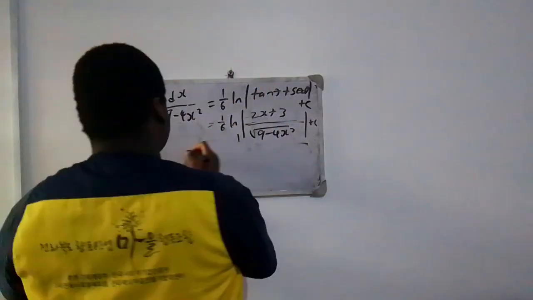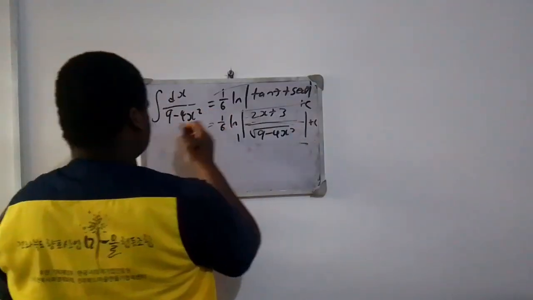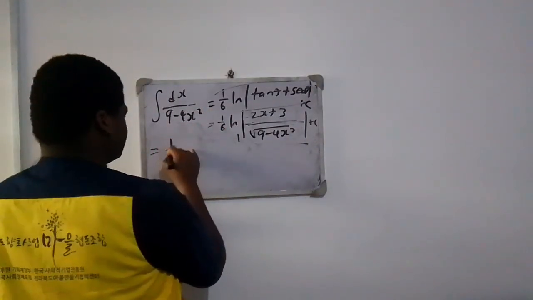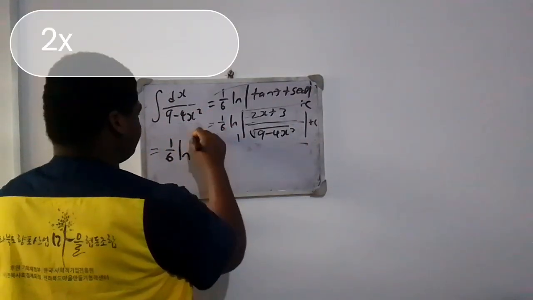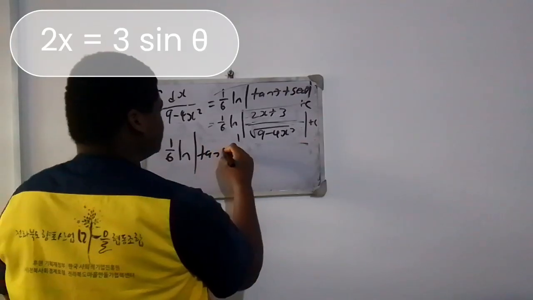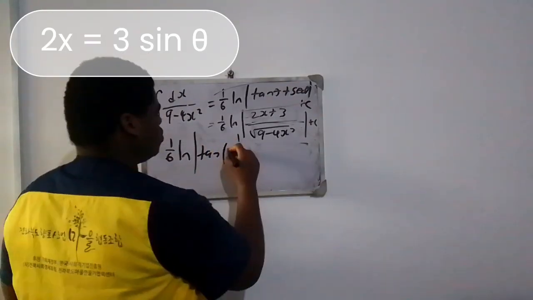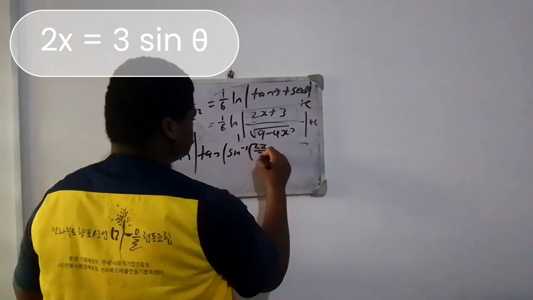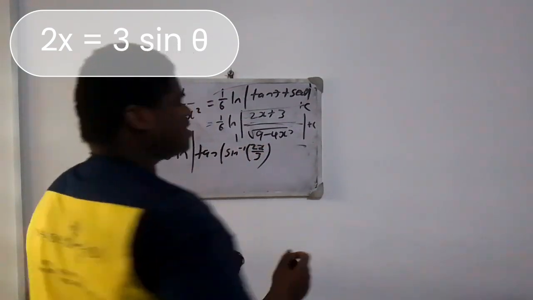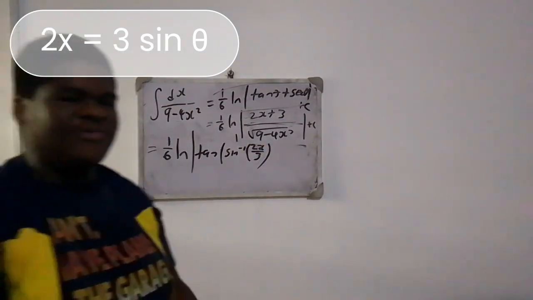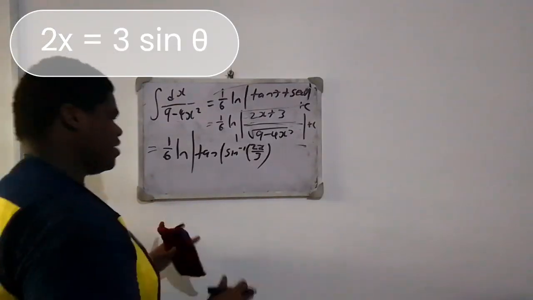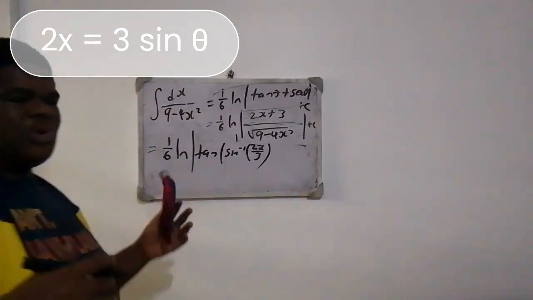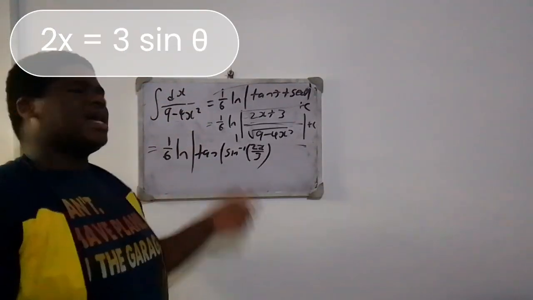Okay, so from this one now, this is going to equal 1 over 6 times natural log of the absolute value of tan theta. And theta is now equal to what? Theta is equal to the sine inverse of 2x over 3. This is the worst way possible you can write this, because it is long as hell, and it's not sweet because you have tan of the sine inverse.